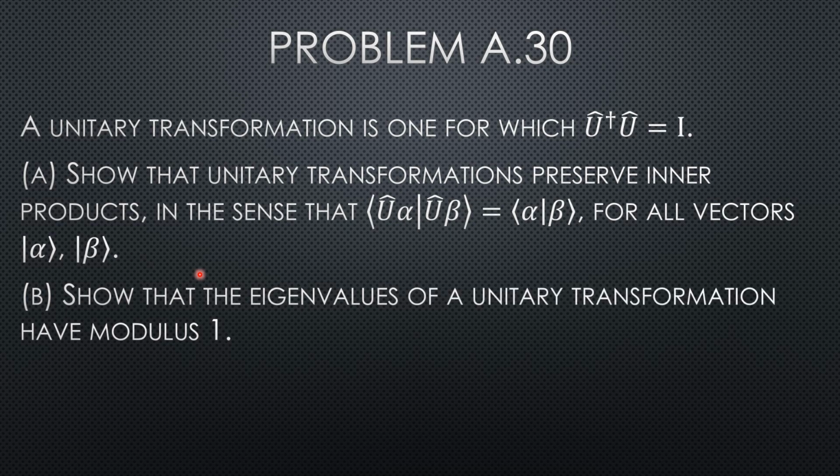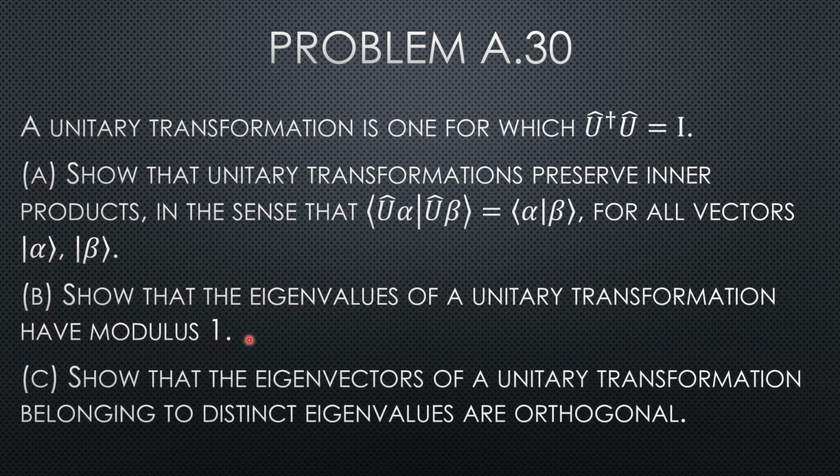In B, we're tasked with showing that the eigenvalues of a unitary transformation have modulus 1, which we've kind of talked about previously when dealing with their determinants. And then C, show that the eigenvectors of a unitary transformation belonging to distinct eigenvalues are orthogonal.